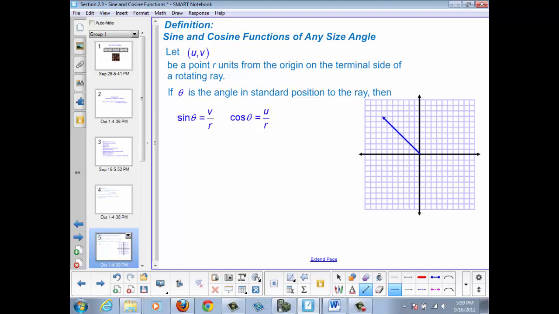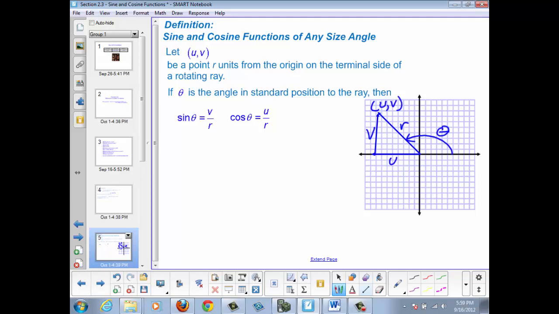We'll put it out here, and we're going to label that point where it ends u comma v, which means that we are u units horizontally and v units vertically, giving us a distance r for this angle theta, r units away from the origin.